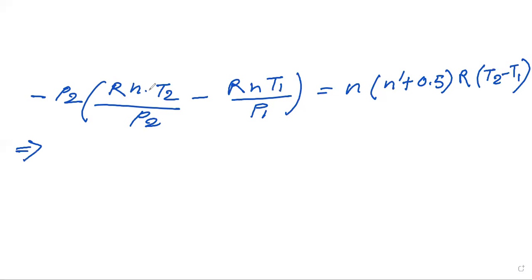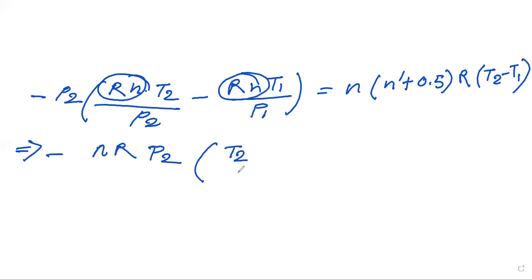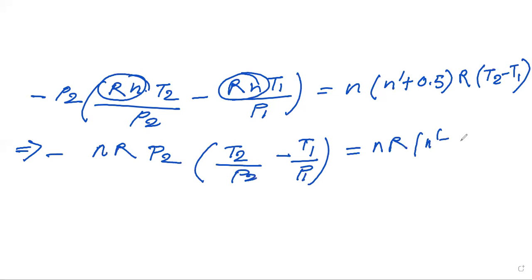Now we can take this value common, and we have nR (n dashed plus 0.5) into (T2 minus T1). Now this part cancels out.